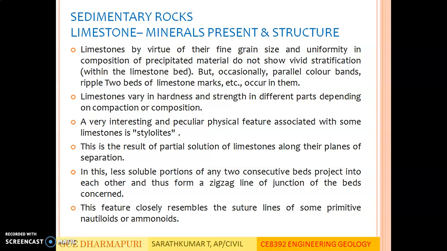This feature closely resembles the suture lines of some primitive nautiloids and ammonites. When two different layers of limestones are available, the lesser soluble portion of any two consecutive beds projects into the other, thus forming zigzag lines of junction. This phenomenon is called stylolites.